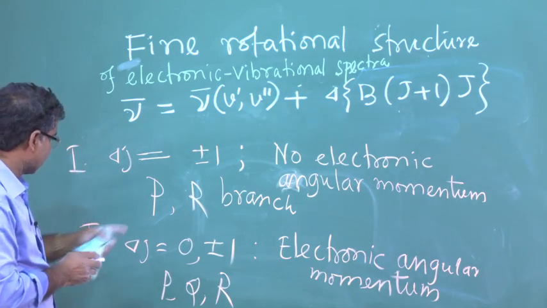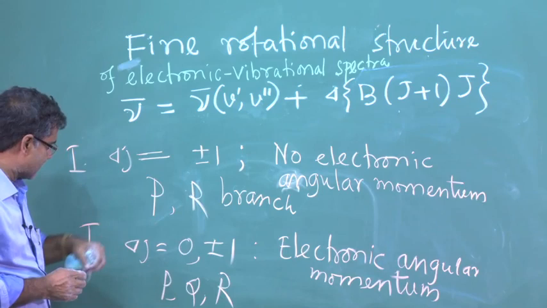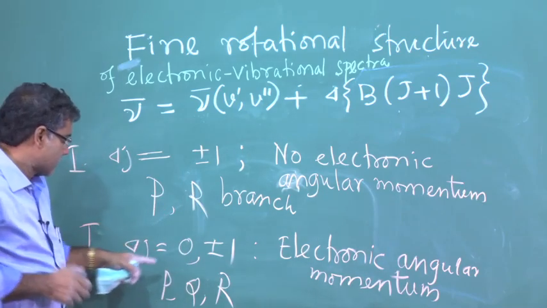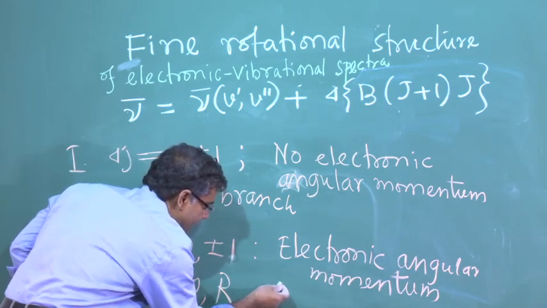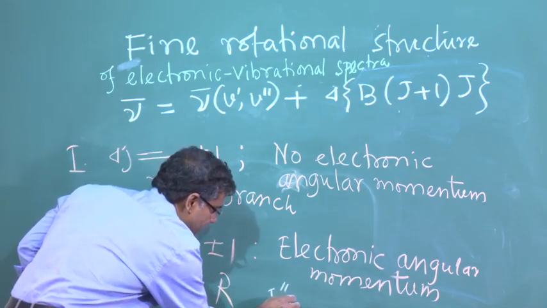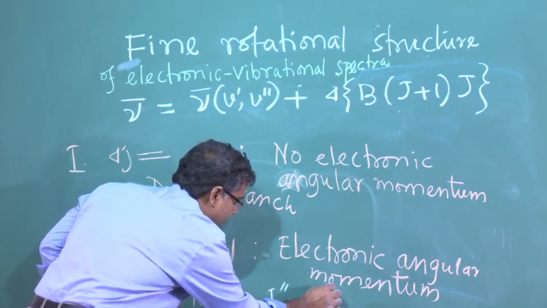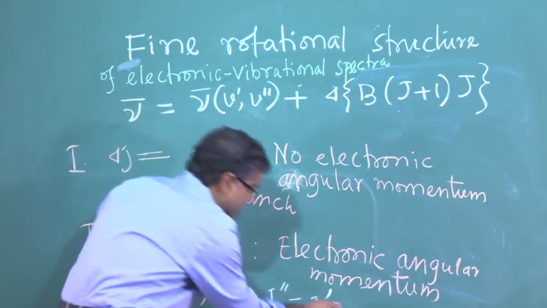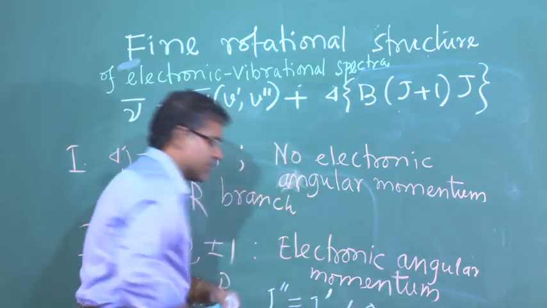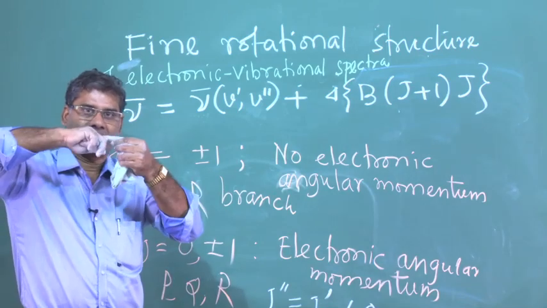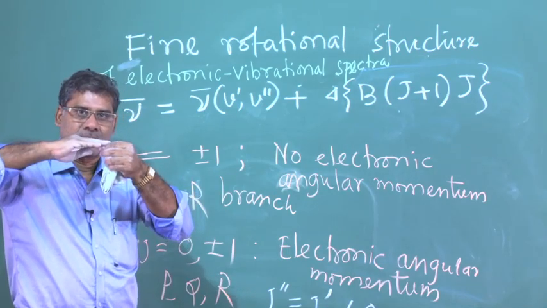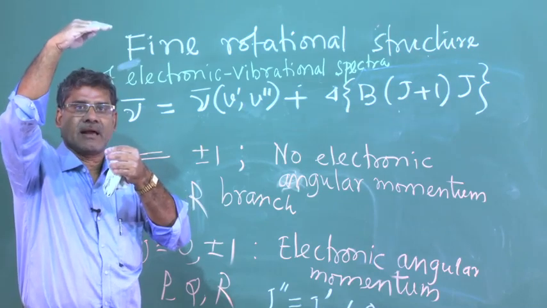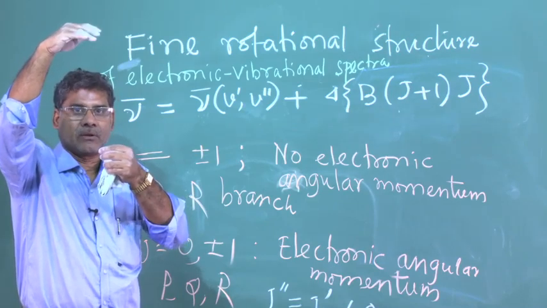In this selection rule there is another restriction. Del J equal to 0, but in this case J dash equal to J double dash is not equal to 0. That means J double dash equal to 0 to J dash equal to 0 is not allowed, although del J equal to 0.